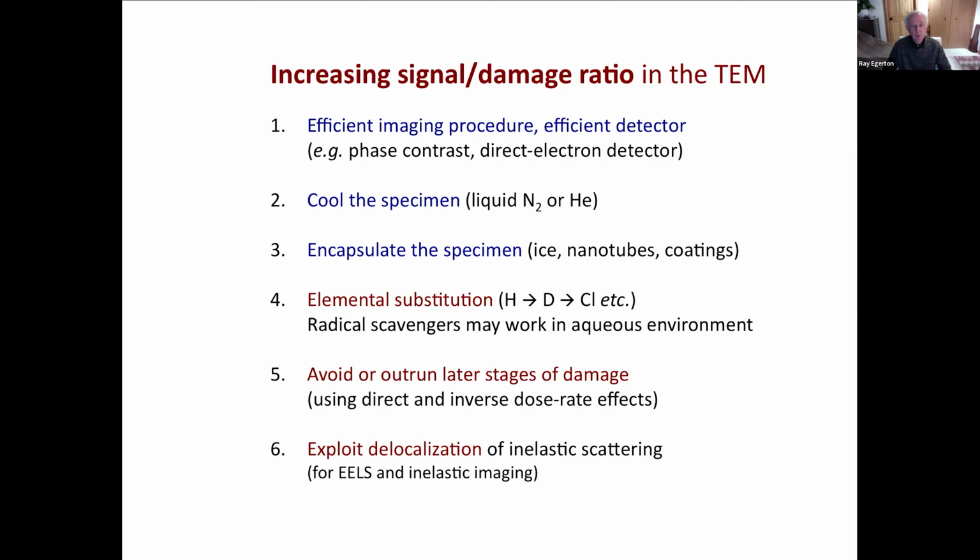We're talking here about maximizing the signal to damage ratio, which we can do by either maximizing the signal or minimizing the damage. So item number 1 is to maximize the signal by making the image acquisition process as efficient as possible. Number 2 and number 3 and the other ones are to minimize the damage.